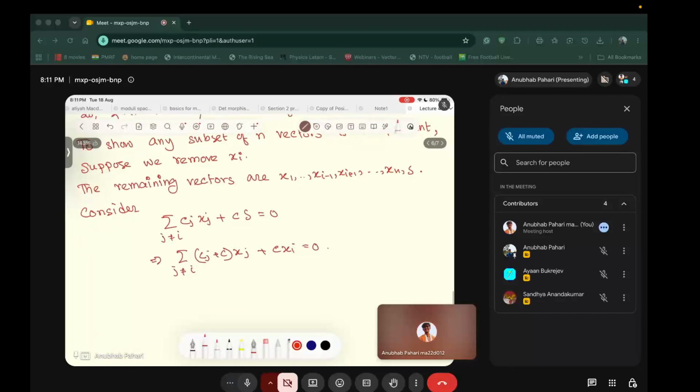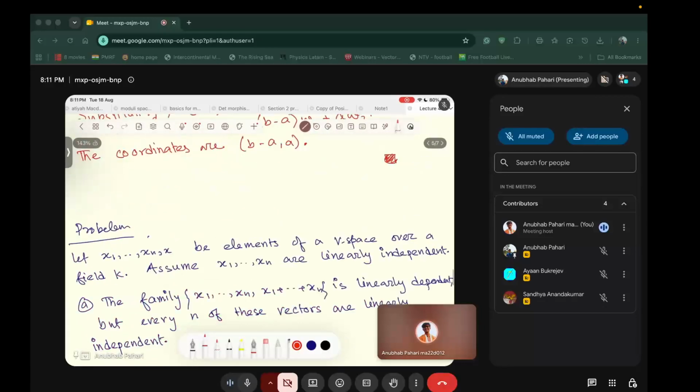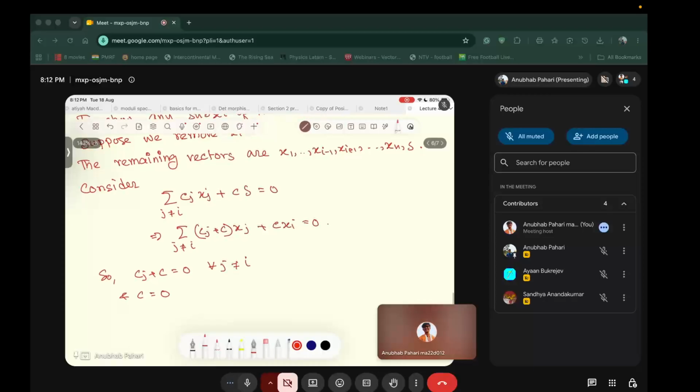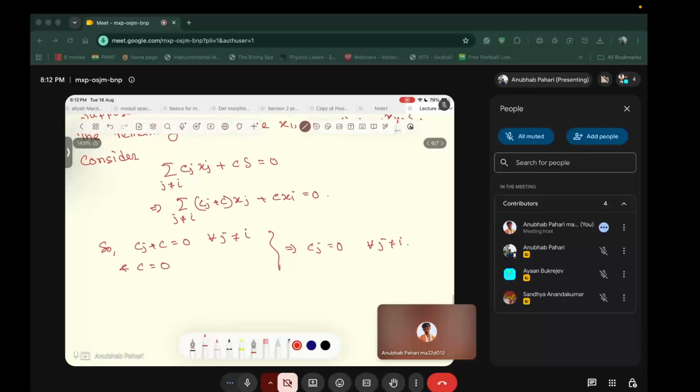Now x1 to xn, you assumed it as linearly independent, right? So Cj plus C equals to 0 for all j not equals to i and C equals to 0, but this would imply Cj equals to 0 for all j not equals to i. So this xj, s, j not equals to i is linearly independent, right?